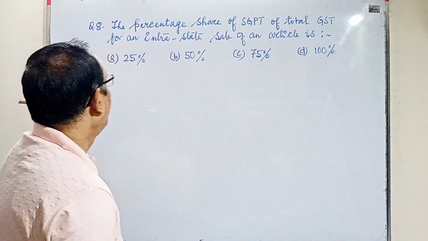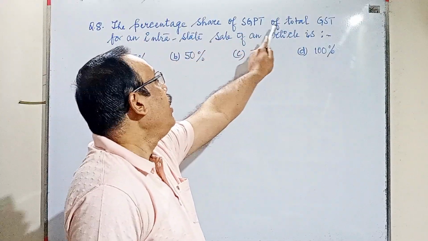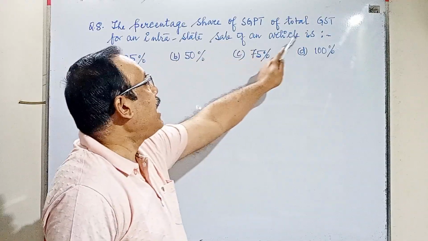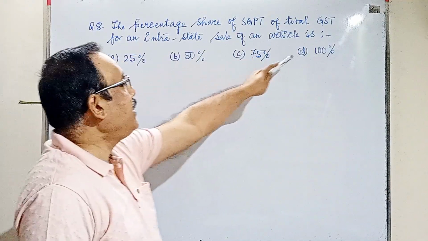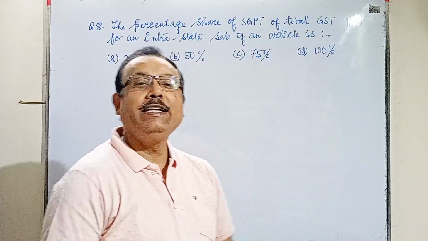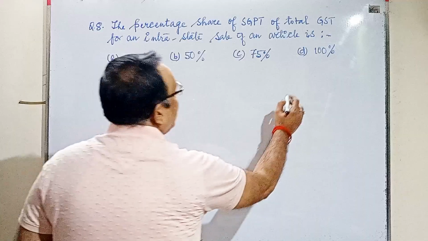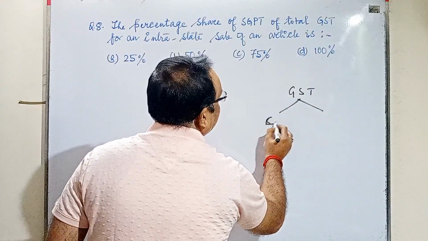So the next question, question 8. The percentage share of SGST of total GST of an intrastate sale of an article is 25%, 50%, 75% or 100%. I have already discussed that for an intrastate sale, GST is of two types, SGST and CGST.